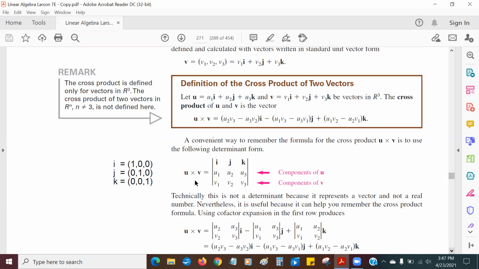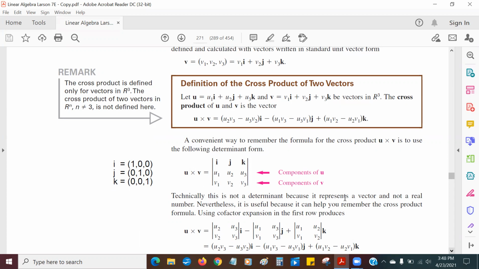So U cross V is the determinant which has on top I, J, K. The second row is the components of the U vector, U1, U2, U3, and the third row is the components of the V vector, V1, V2, V3.